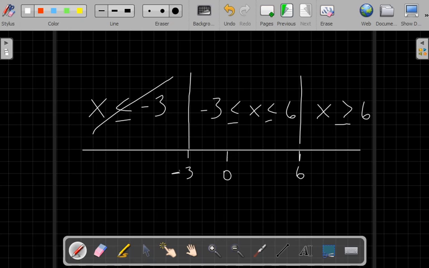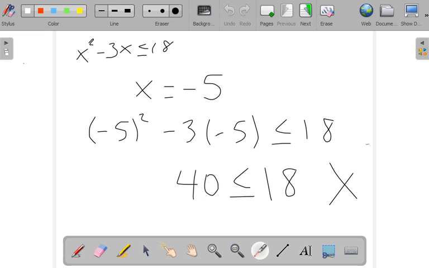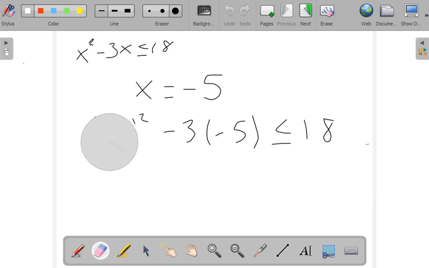That one's not true. Now we need to test a value in between negative 3 and 6 to see if that's true. So we can pick a value for x, easiest one here is 0, correct? 0 is really easy to substitute back in. So let's do that. We come back, we can erase this.